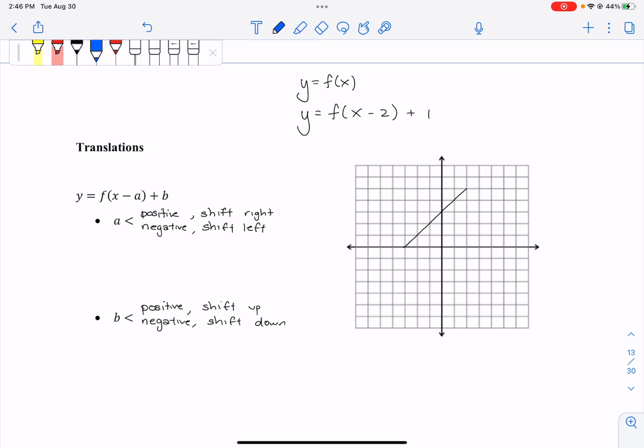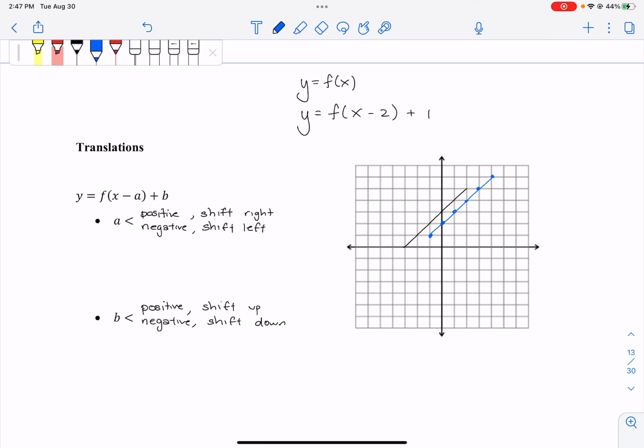So every single point is 2 to the right and 1 up. Here becomes here. Okay. This becomes this point. And so on and so on and so on. So that is my new function.